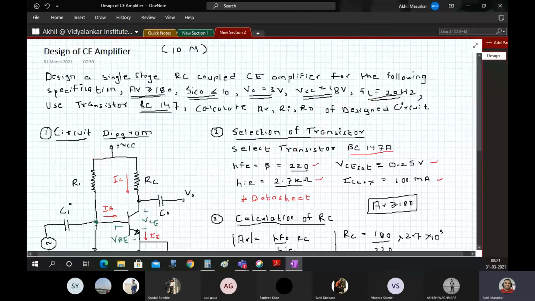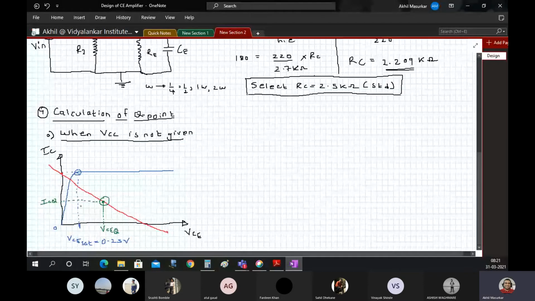V naught cannot exceed 3 volts. That means the maximum distance of this Q point from the boundary cannot be more than 3 volts.